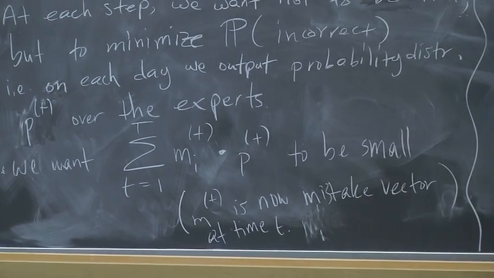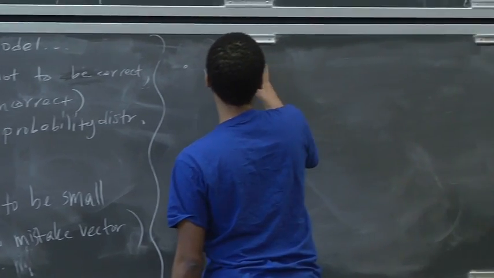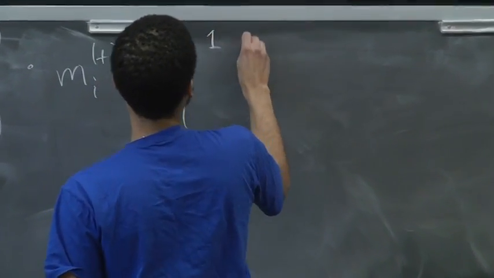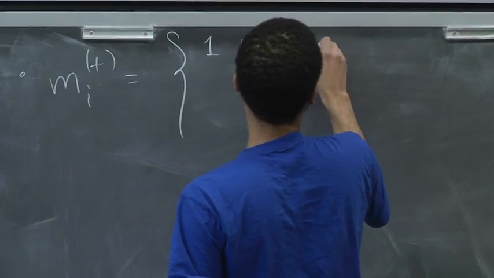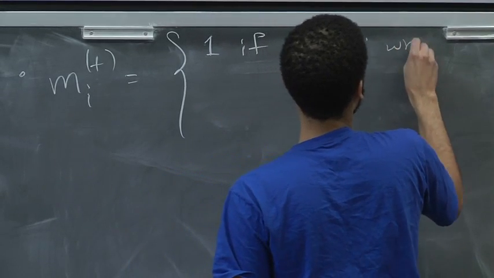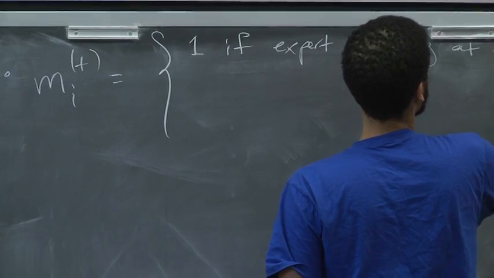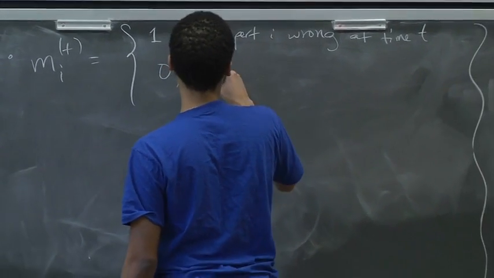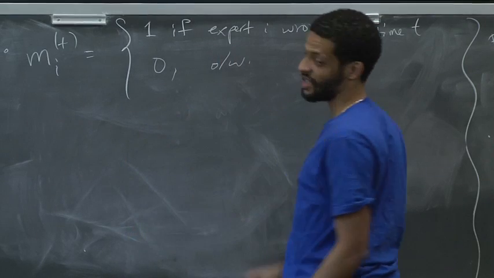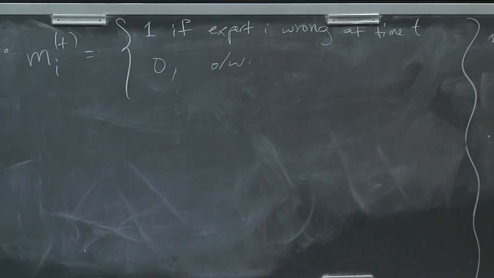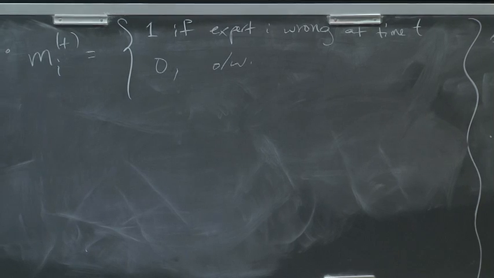I'm imagining now that mi of t is equal to 1 if expert i is wrong at time t, and 0 otherwise if he's right at time t. Yeah, so it's no longer the number of mistakes by time t. Yeah, sorry, I should have used a different letter before.